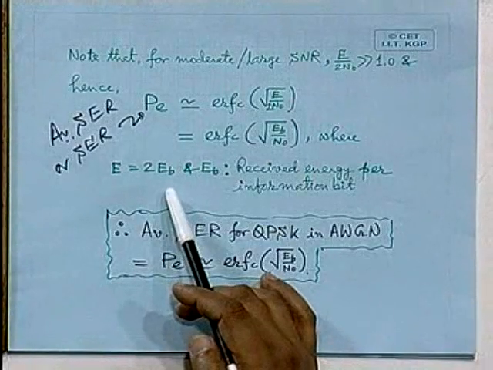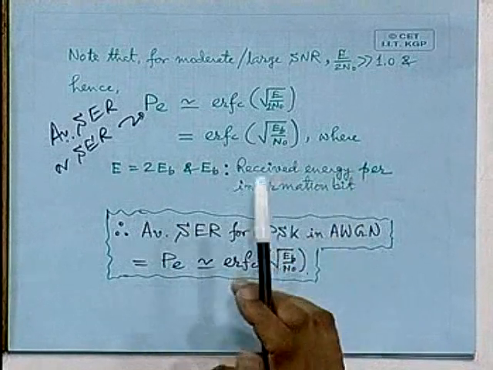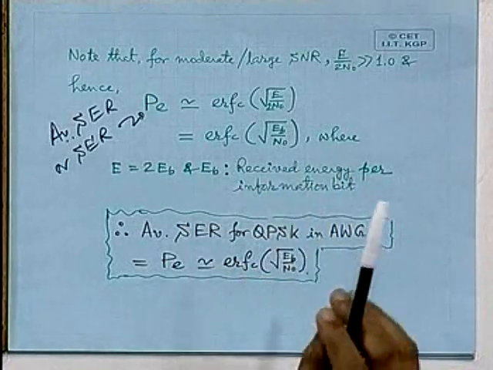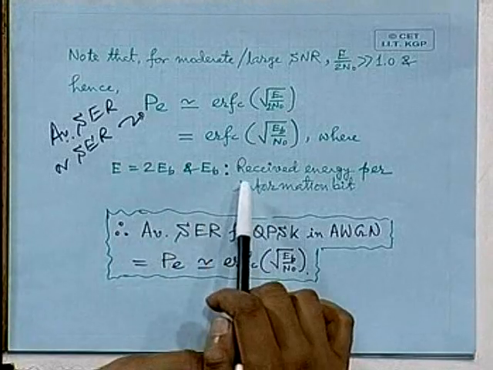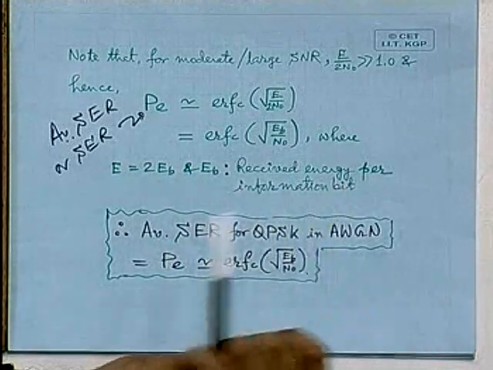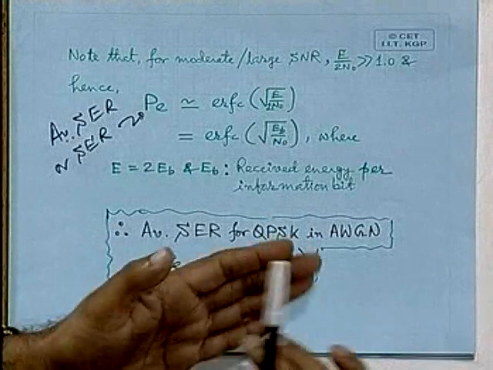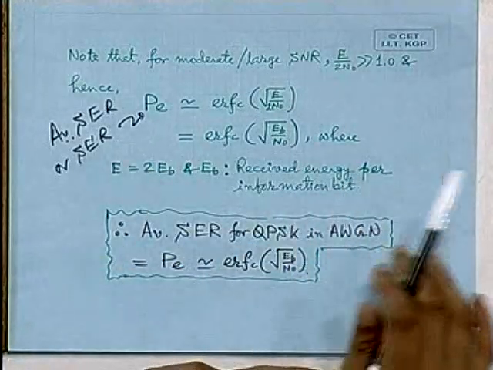Is it not? Where E is the symbol energy, energy per symbol, which is twice EB, where EB is E by 2, half of the symbol energy, which I can say is the energy per information bit as if transmitted, okay. Precisely it should be the received energy per information bit, because it is in the receiver where this ratio is going to matter.